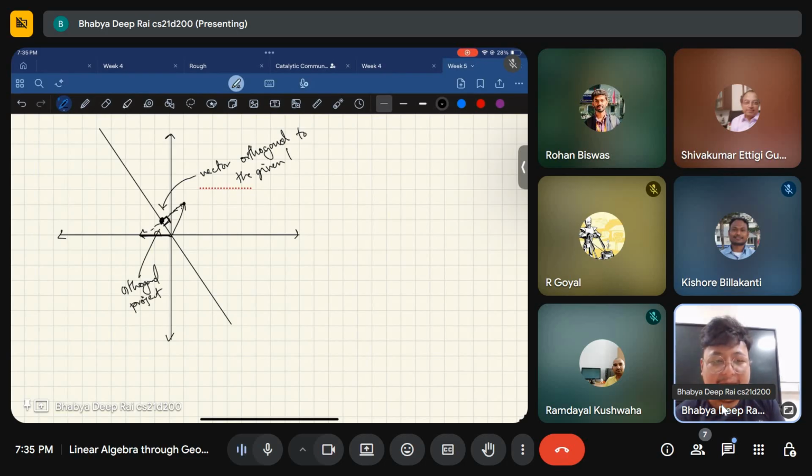Once you have this orthogonal projection, you just want to move by this distance again. If the original is v, then you want to move another factor of that. That's why you get this formula: v minus 2 times the orthogonal projection over the normal to the plane, in this case a line, and this is the transformation.